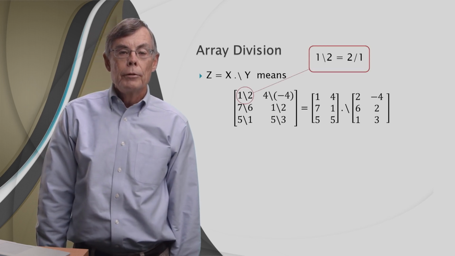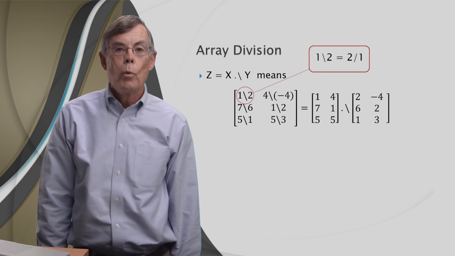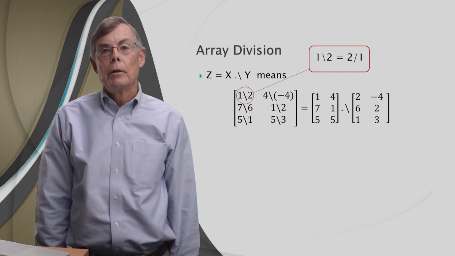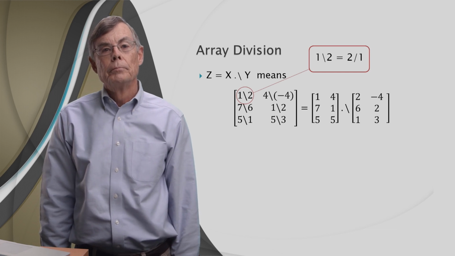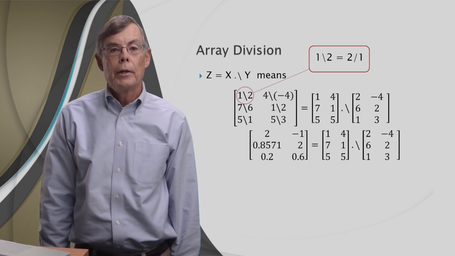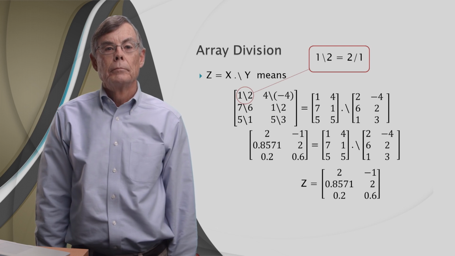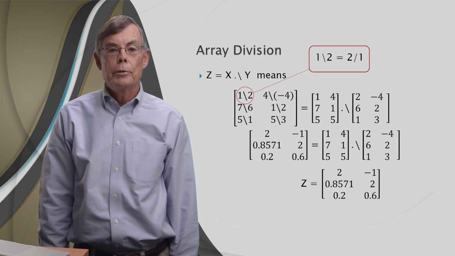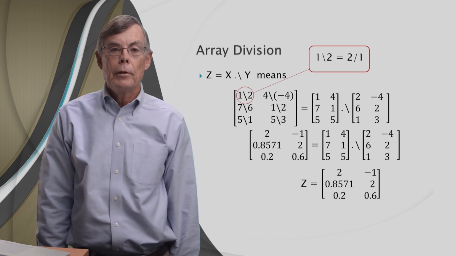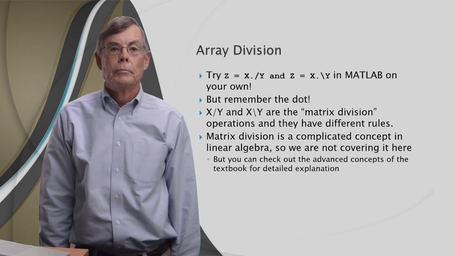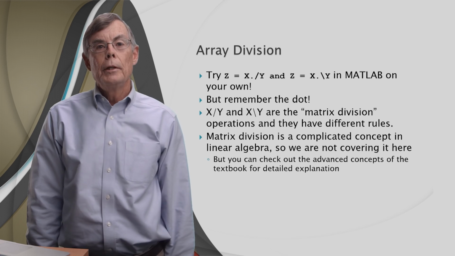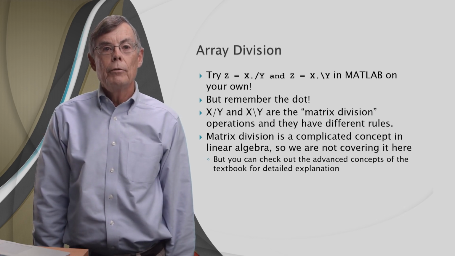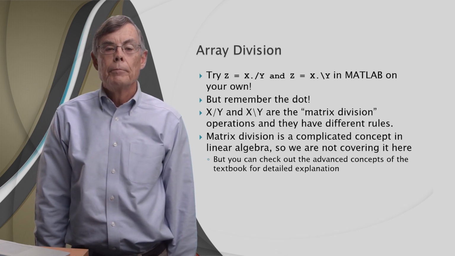Here's 1 over 2. Here's 1 under 2, and we're showing you that it's the same as 2 over 1. And here are the numbers carried out to 4 decimal places, and here's what you see when it's assigned to z. You should try some examples of your own to get used to this array division. But don't forget the dot.